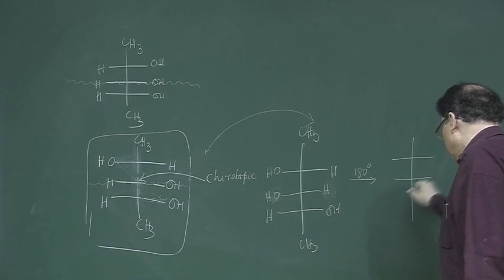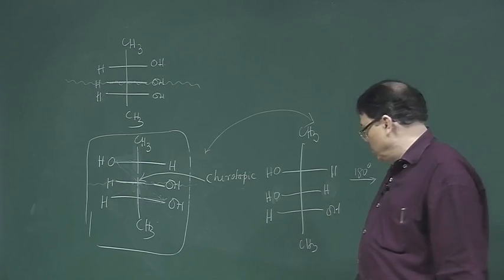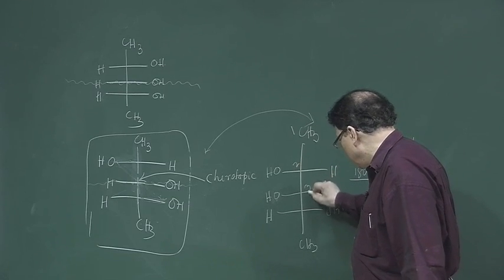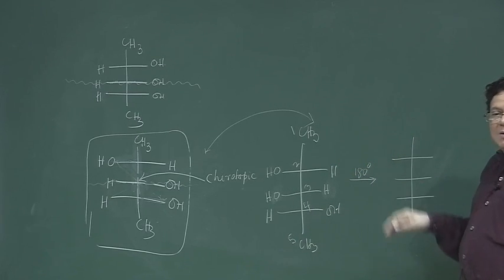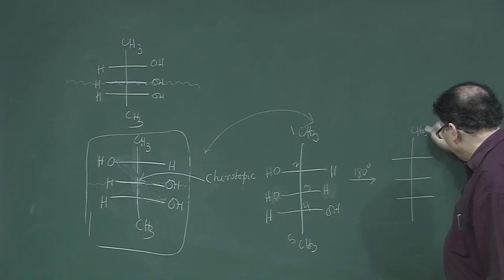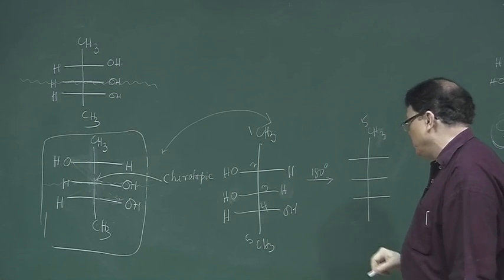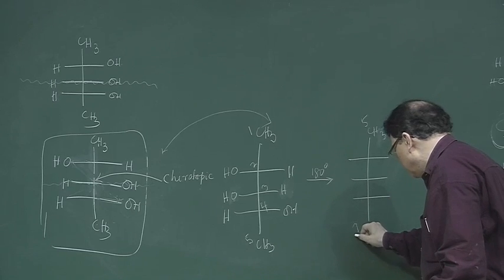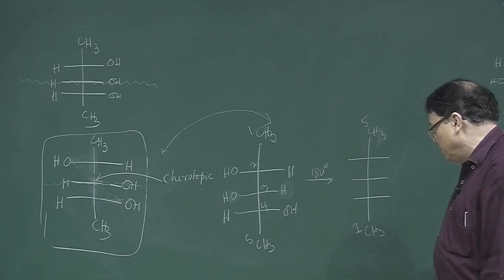So, if you do that, for beginners I will say that it is better you number it 1, 2, 3, 4, 5. If you rotate it 180 degrees, the 5 methyl will be here at the top. This is the methyl at the 5 position, and this is the methyl which had the number 1. So, where will number 2 be?